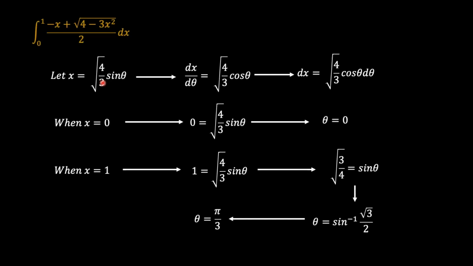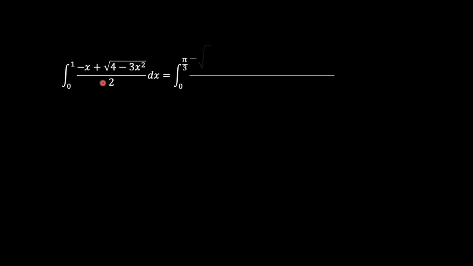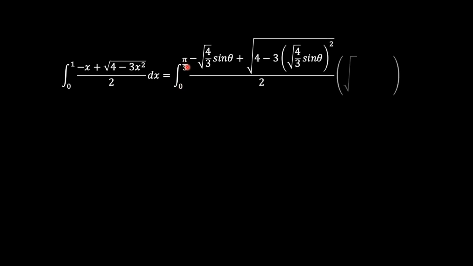And the next thing is just substituting in for x and also the limits appropriately. So our integral now becomes the integral from theta equals 0 to theta equals pi over 3. In place of x, we have square root of 4 over 3 sine theta, and then we substitute that appropriately. In place of dx, we have square root of 4 over 3 cosine theta d theta.